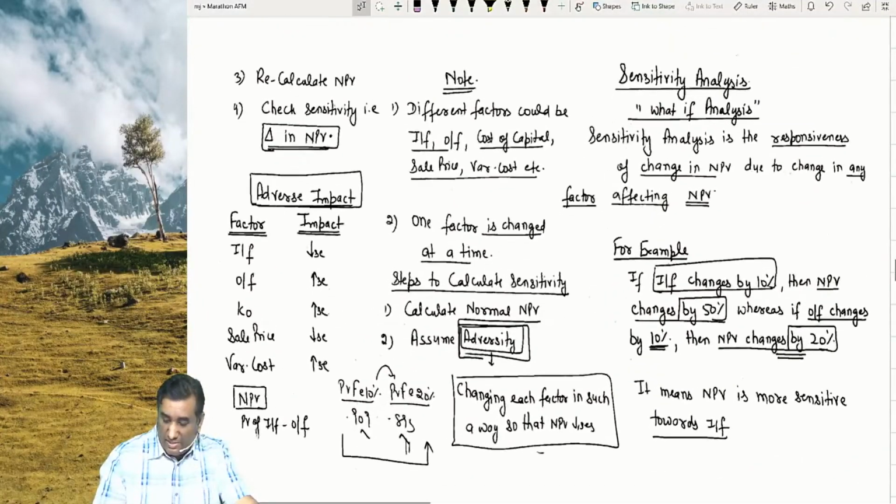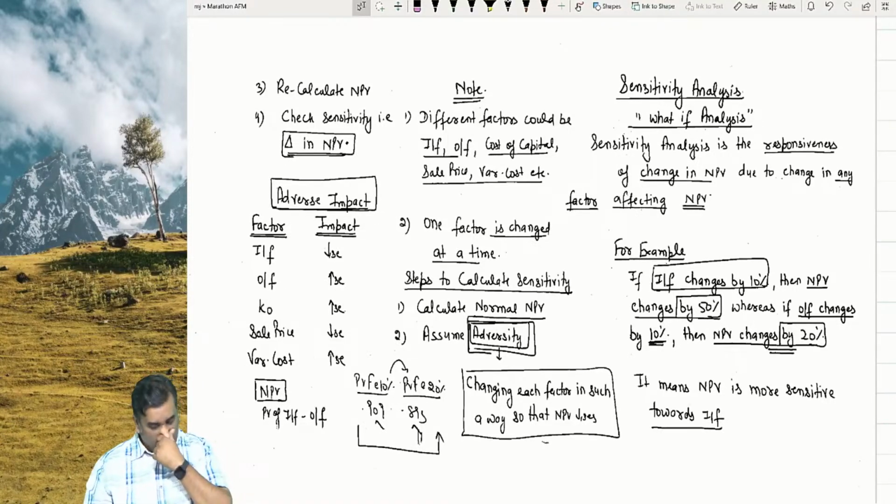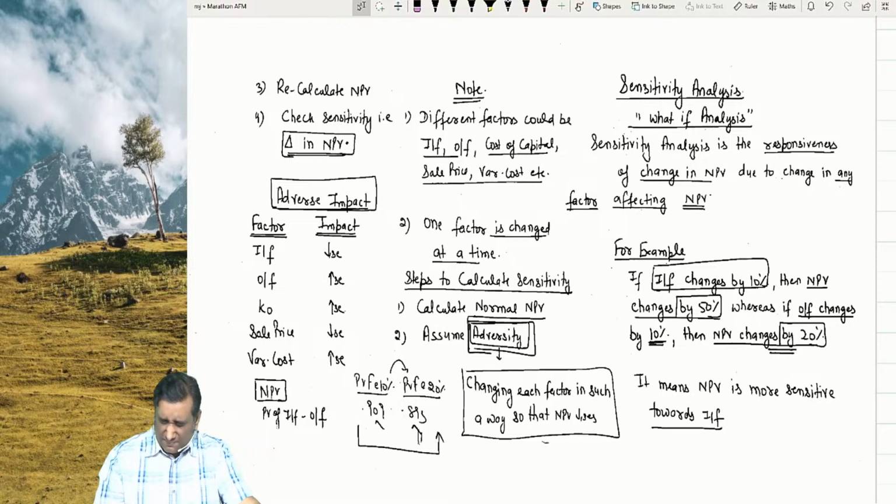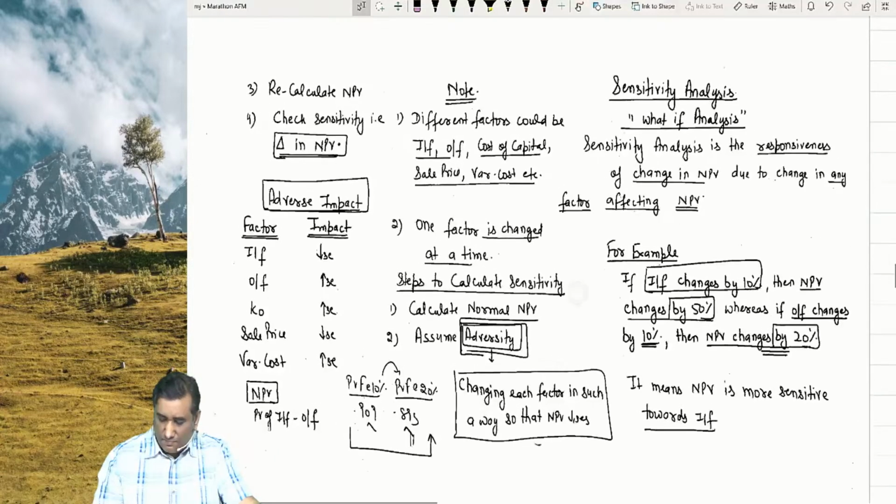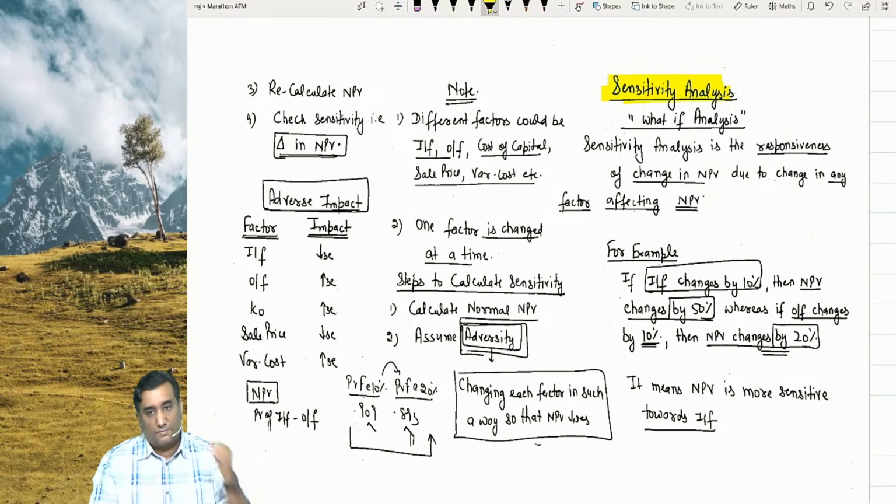Now coming to the sensitivity analysis. A very, very important approach for the exam. Sensitivity analysis is called what if analysis.